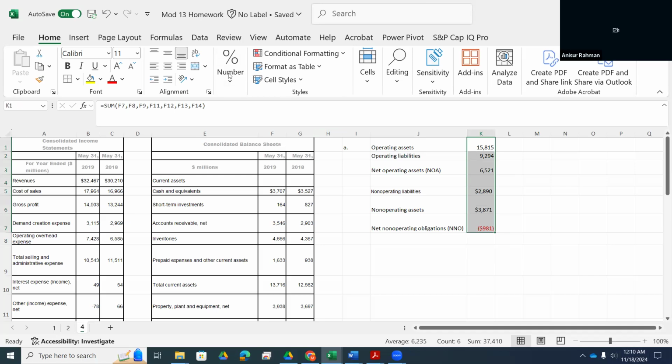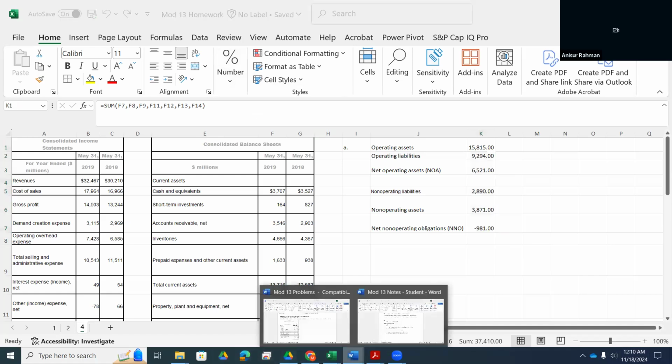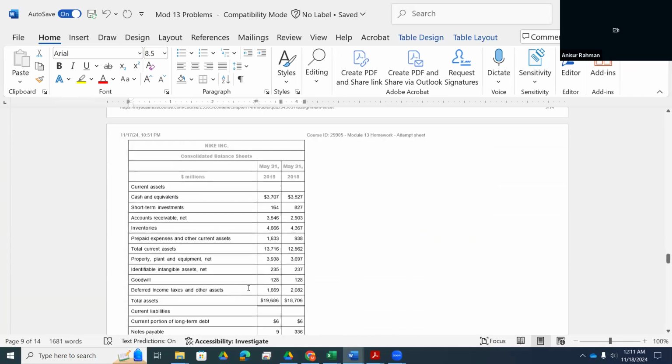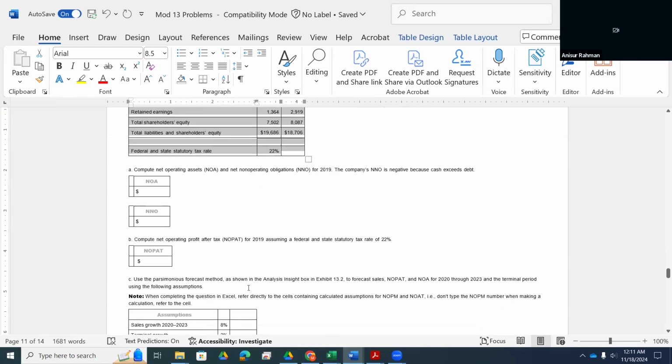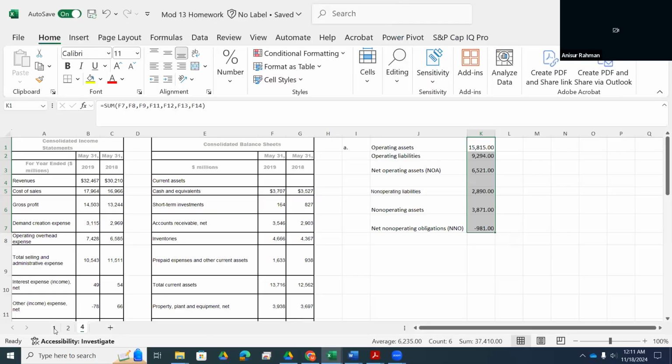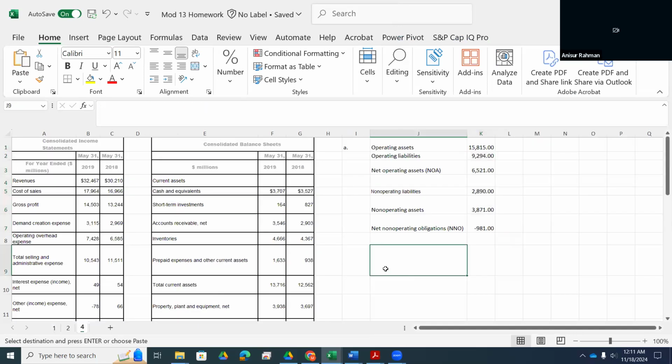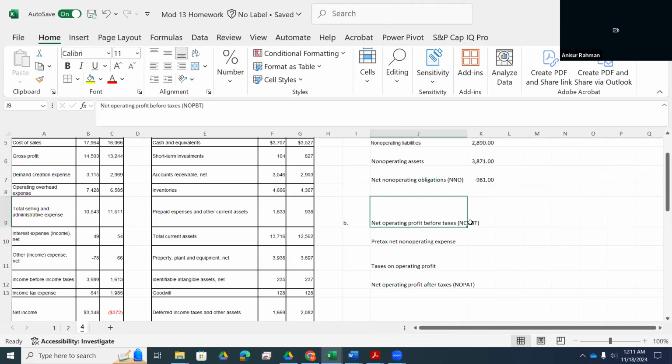In 2 decimals. The next question is net operating profit after tax. Again, I'm going to copy this, Control-C, because we have to calculate the same variables to find the net operating profit after tax.